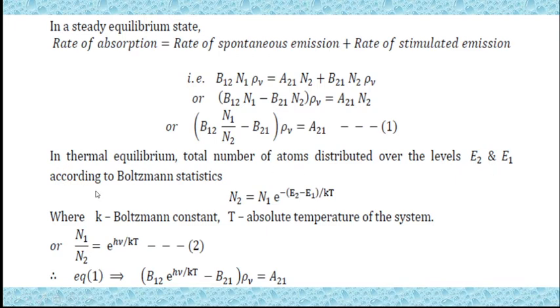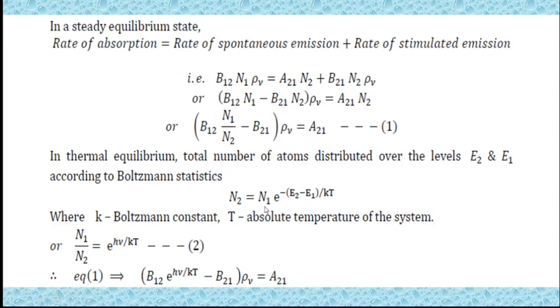In thermal equilibrium, total number of atoms distributed over the levels E2 and E1 will be according to Boltzmann's statistics. According to Boltzmann's statistics, in thermal equilibrium, the distribution of atoms between levels E1 and E2 will be according to this expression.